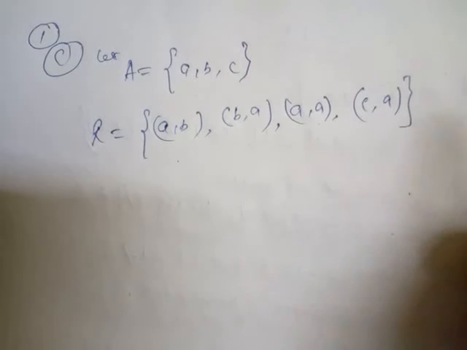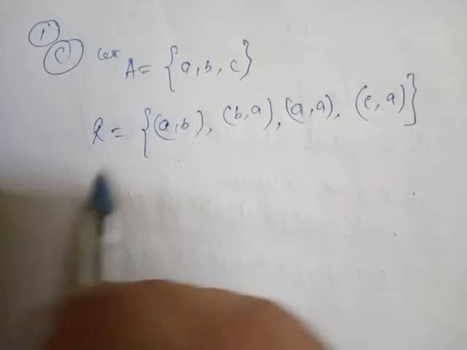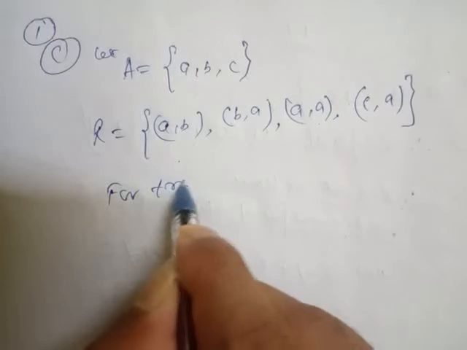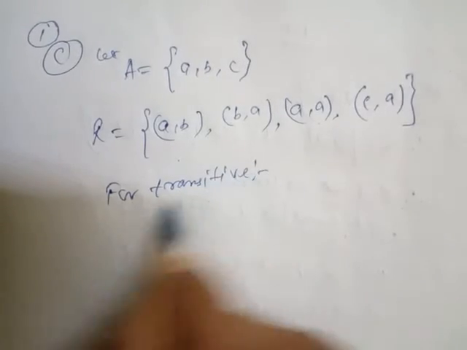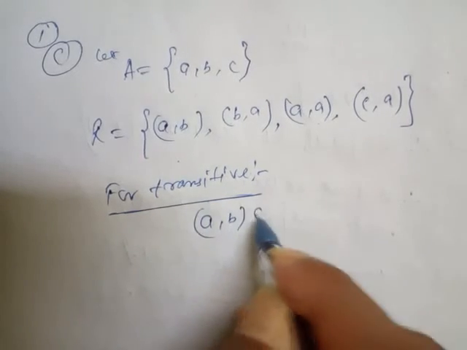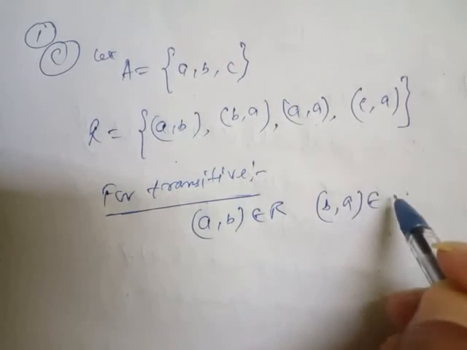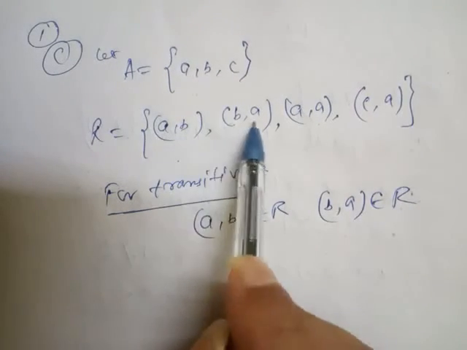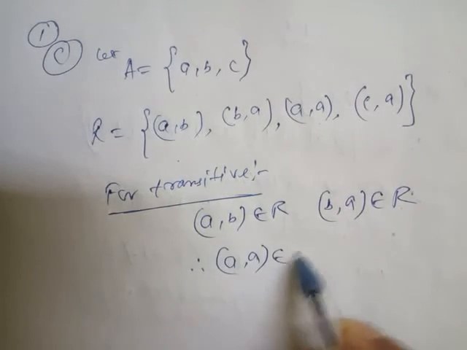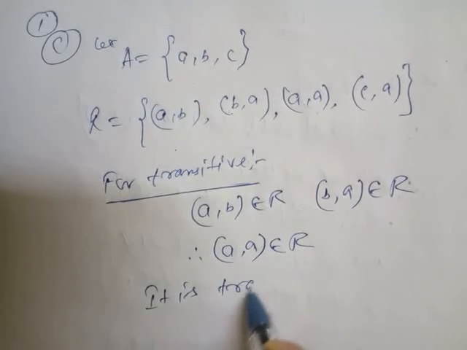Now look student, I have taken it in such a way so that for the transitive, we can write here that (a, b) belongs to R, then (b, a) belongs to R. Now b cancels, means (a, a) also belongs to R, so it is transitive.